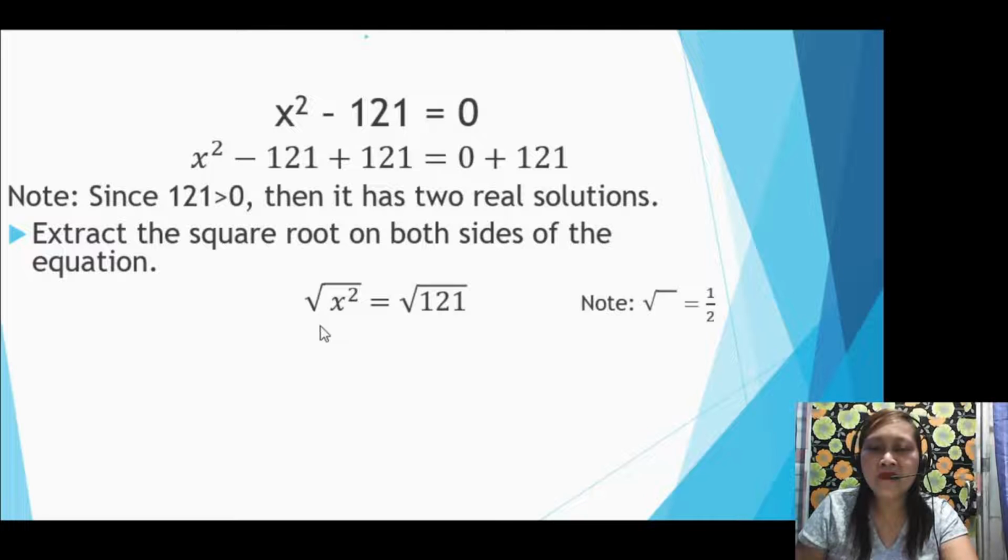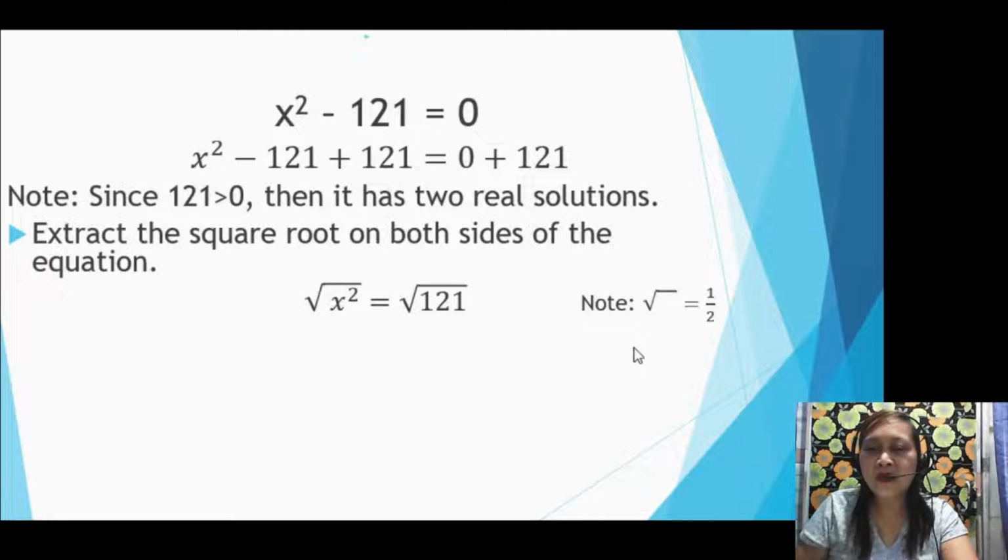The square root of x squared is equal to the square root of 121. As you can see, it's only x squared because negative 121 plus 121 is already 0. So the remaining term is the quadratic term x squared. And we take the square root of both sides, and that is now the outcome.